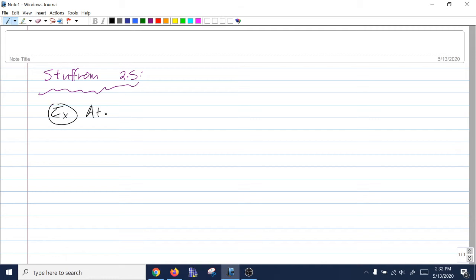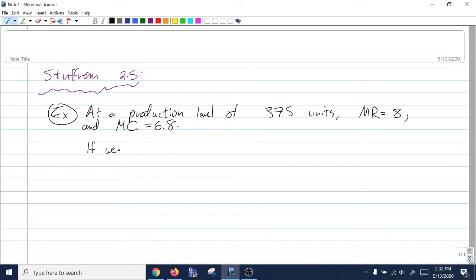At a production level of 375 units, marginal revenue is 8, and marginal cost is 6.8. If we're trying to maximize profit, should we increase or decrease production?